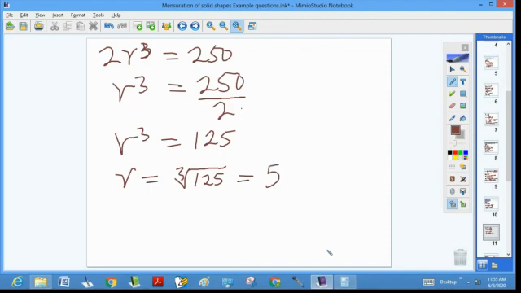So 5 centimeter is the radius of the hemisphere. We are asked to find the total surface area of this hemisphere.